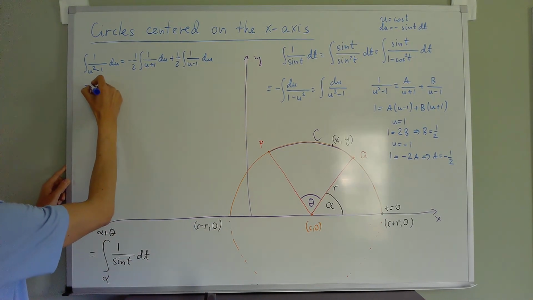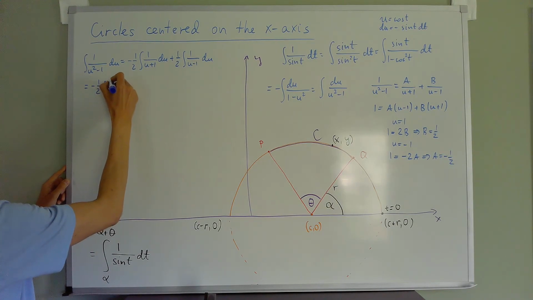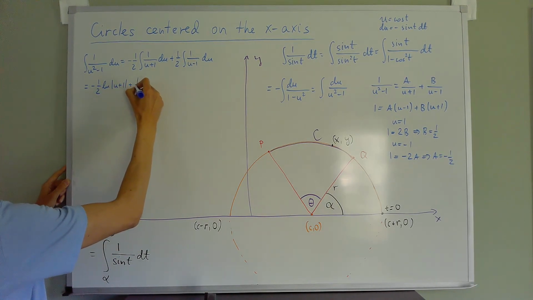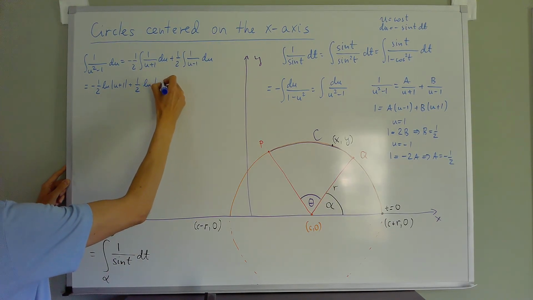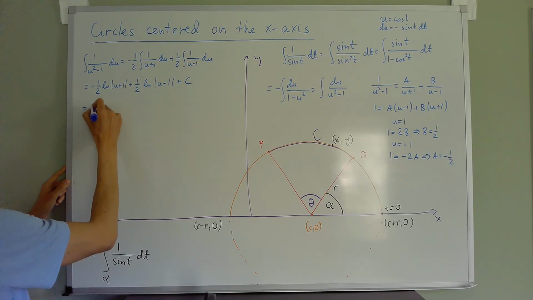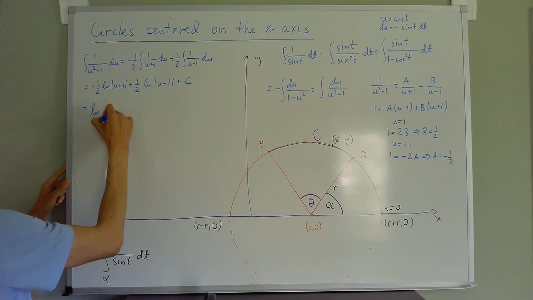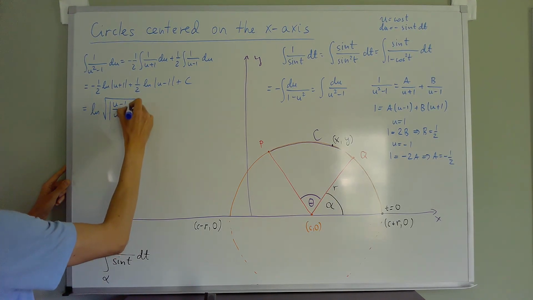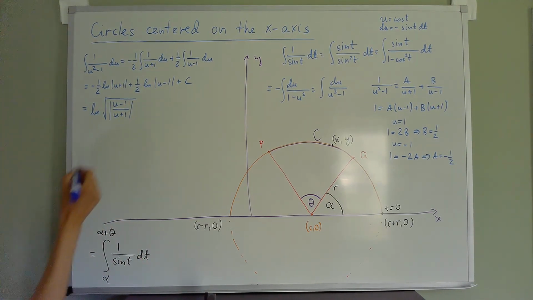Okay, so that's minus half natural log of absolute value of u plus 1 plus 1/2 natural log of absolute value of u minus 1 plus c, which gives me, if I put it all together, that's natural log of the square root of the absolute value of u minus 1 over u plus 1 plus c.